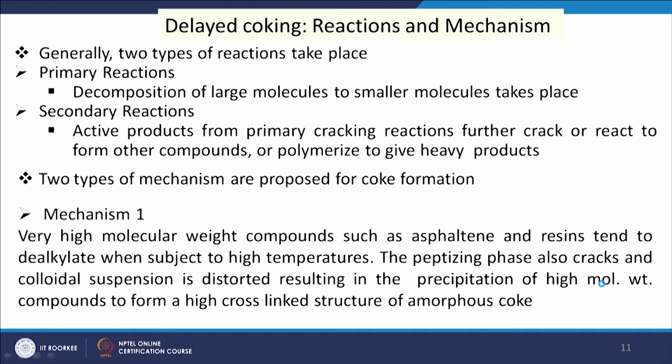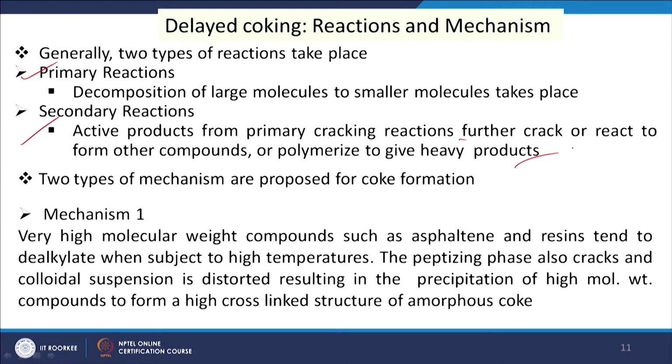In this case, generally two types of reactions can take place. One is the primary reactions and another is the secondary reactions. Primary reactions are the decomposition of large molecules to smaller molecules, and then active compounds from the primary cracking reactions further crack or react to form other compounds or polymerize to give heavy products.